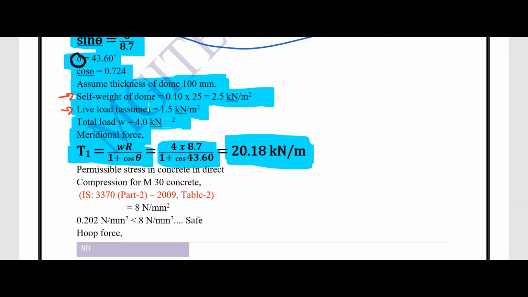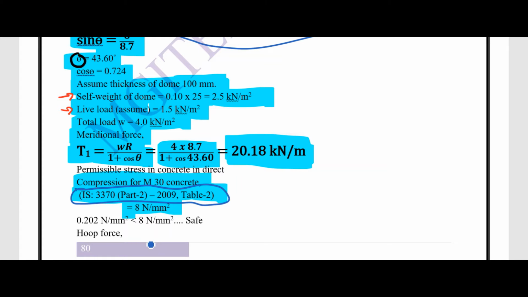Now we have the permissible compression for M30 grade of concrete from IS 3370 part 2, 2019. In table number 2, the sigma cc value, the compression for M30 grade of concrete, is 8. I explained all these details in the previous lectures, so you can go and learn these things. Now what happened?